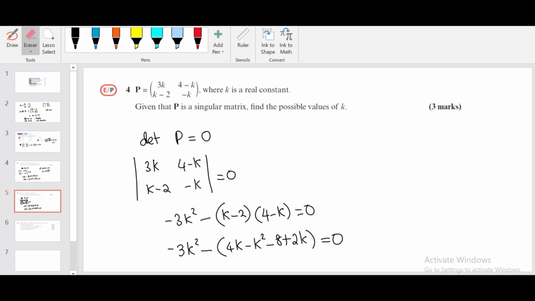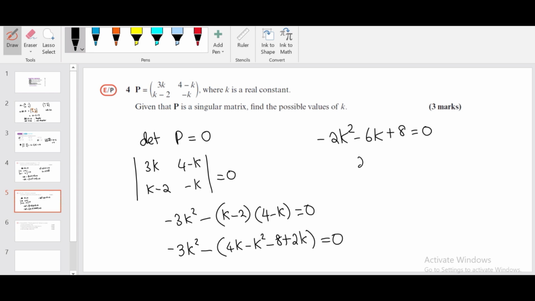You understand this step, what I'm doing here? Open the bracket, you will get minus 3k square plus k square, which is minus 2k square, and then 4k plus 6k, you'll get minus 6k plus 8 is equal to 0.